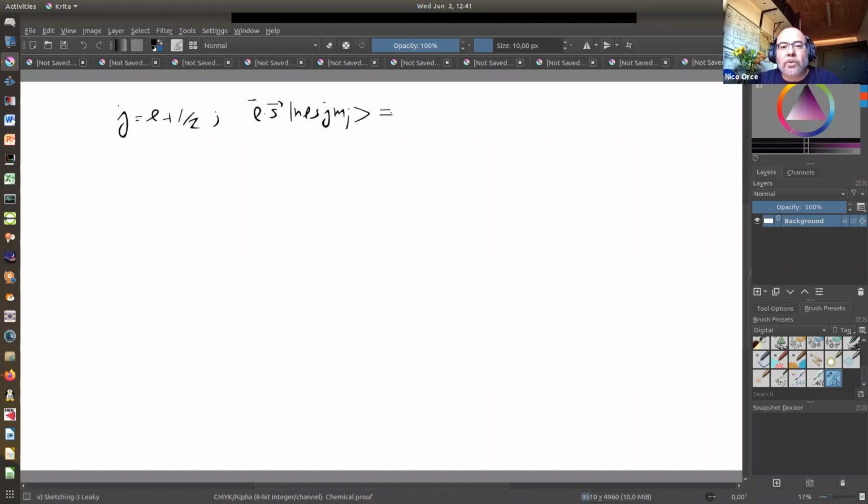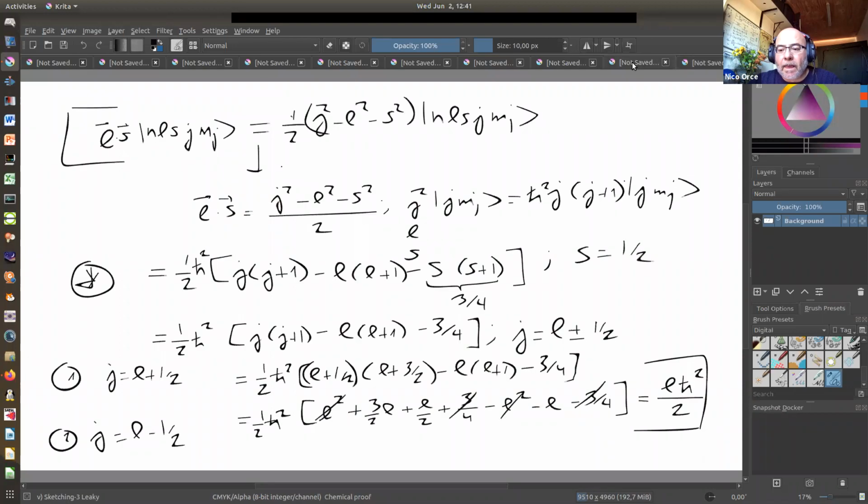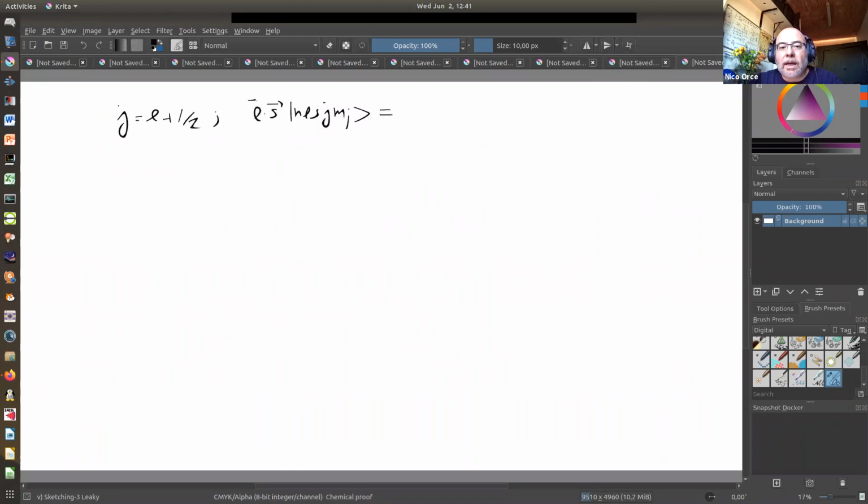And this is equal to l h bar square over 2. So now if we assume that j is equal to l minus 1/2, then we have that l·s on the state n l s j m_j will be equal to h bar square over 2, right?